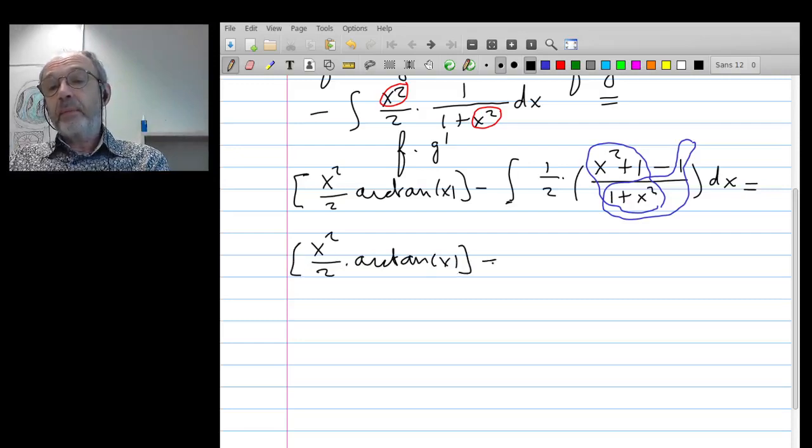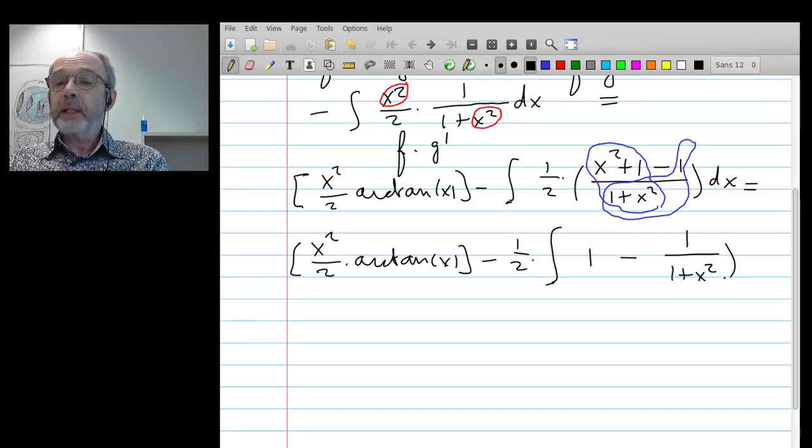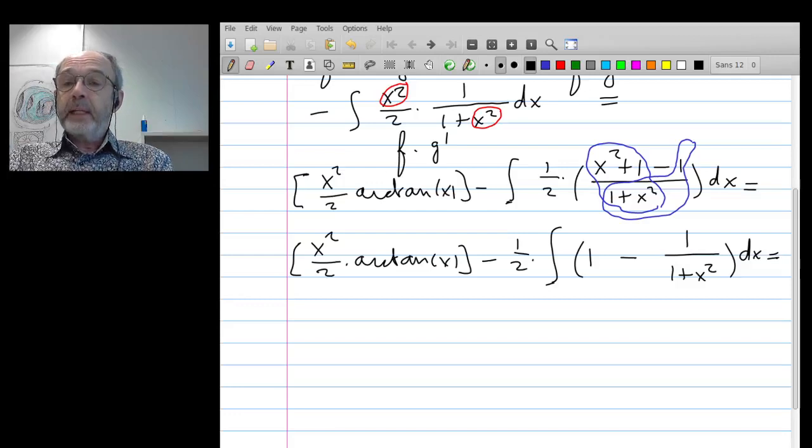And then we have minus, and then 1 over 2 I put before the integral, and then I have 1 minus 1 divided by 1 plus x squared, dx. So by that plus 1 and minus 1, I can write down something easier.